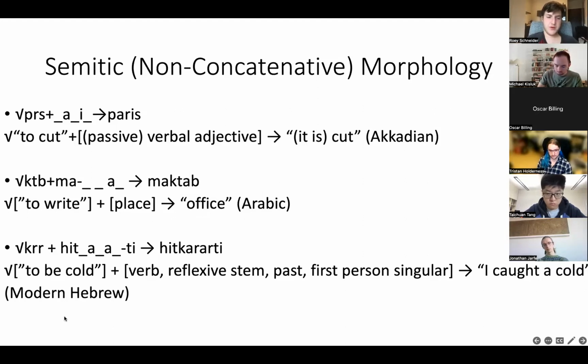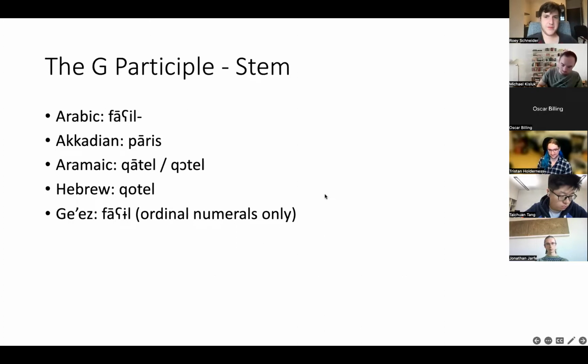Third example is from modern Hebrew. If we take the root to be cold and we put it in a verb which is reflexive, like to do something on yourself, and in the first person singular, then hitkararti would mean I caught a cold. I became cold. Is everything good? Everything sure? Really? Okay. I'm happy to hear.